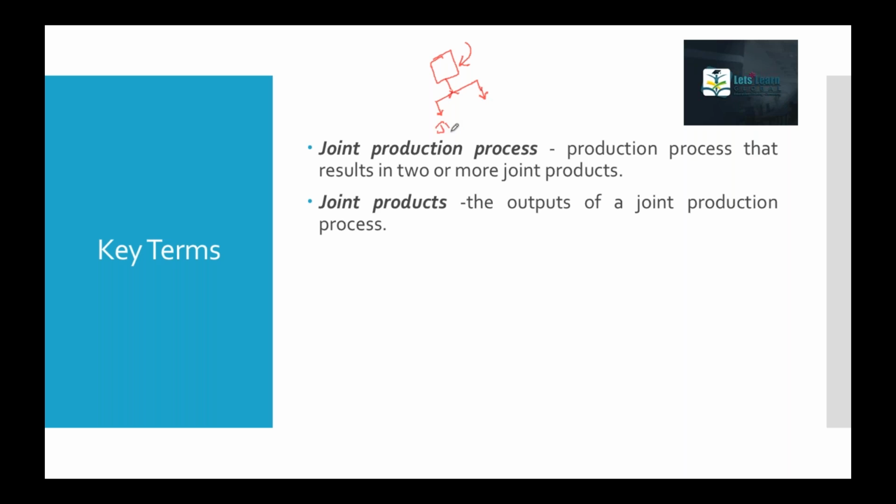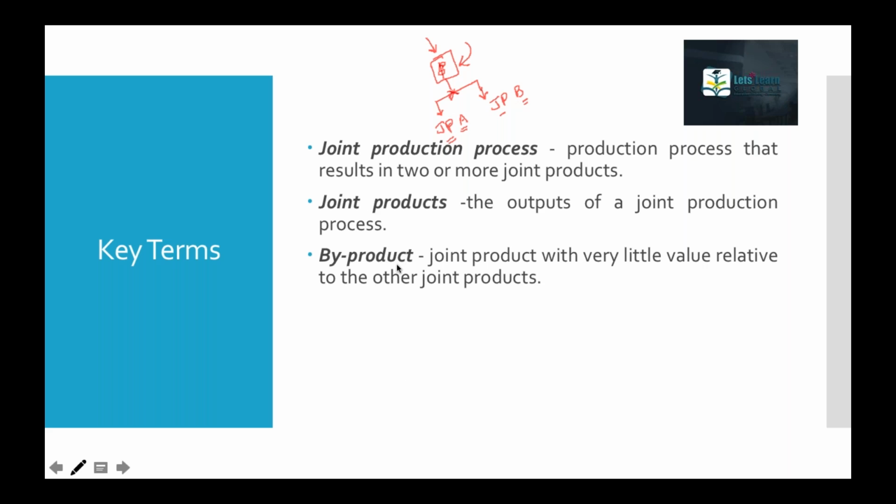Like this is A and this is B. Now I call them joint product A, joint product B. These are the main products which are intentionally produced, but before they were identified, they were in joint production process. We spent a lot of material here, a lot of labor here. Now the question is, how much of this cost should go to JPA and JPB? And this is what our topic is. So the allocation of joint cost is our topic today.